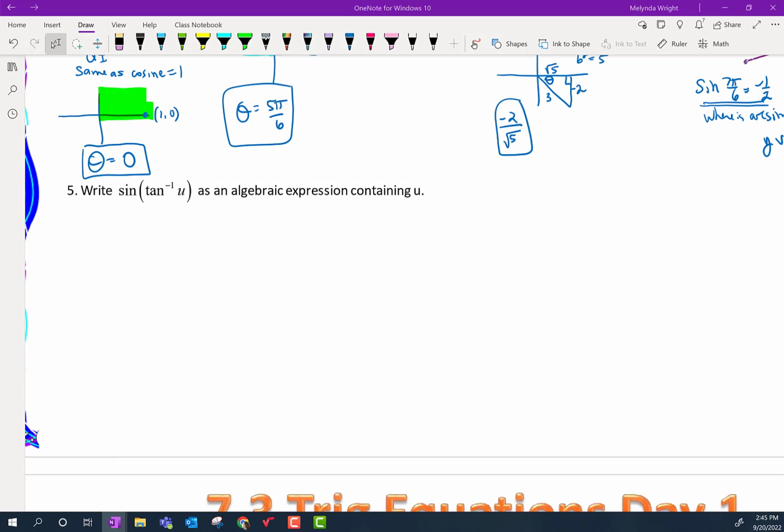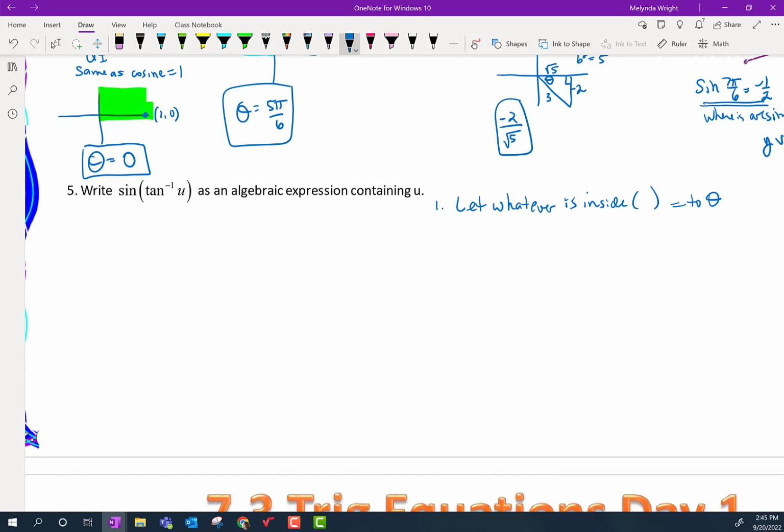Okay, so here we go. I'm going to write steps to the right, and I'm going to do the work to the left. Step number 1: we want to let whatever is inside the parentheses equal to theta.